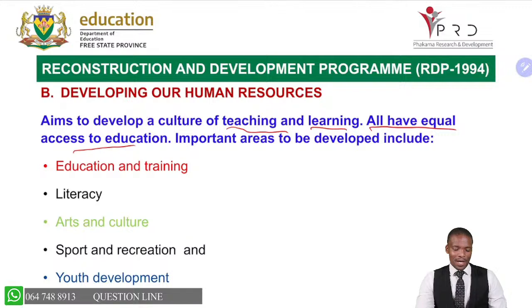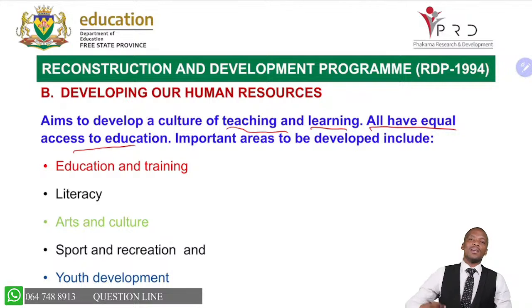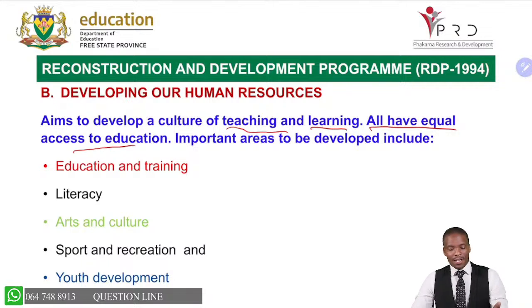So I repeat, it is not only there for housing purposes. The basic needs are met. How do we advance the skills now? It's to develop the human resource. Education and training, literacy, arts and culture, sports, recreation, as well as youth development. So these are the factors that had to be covered under B.